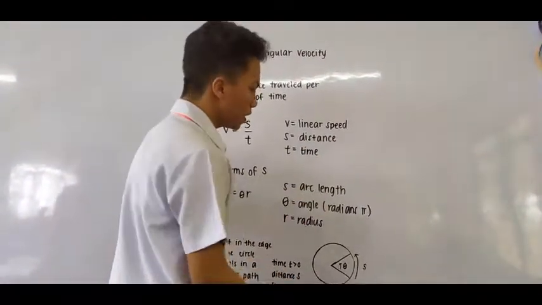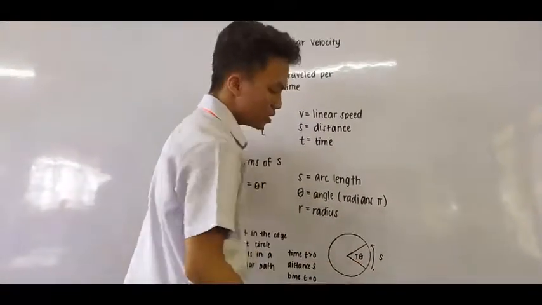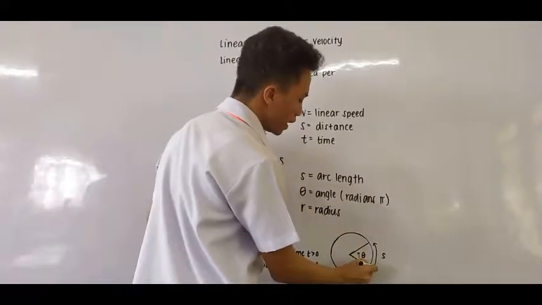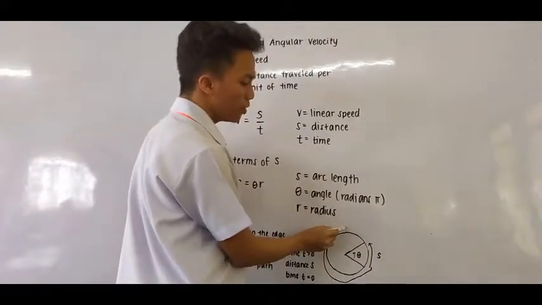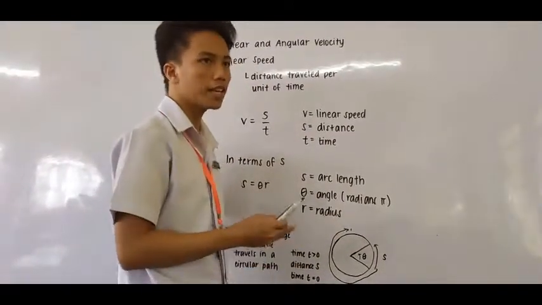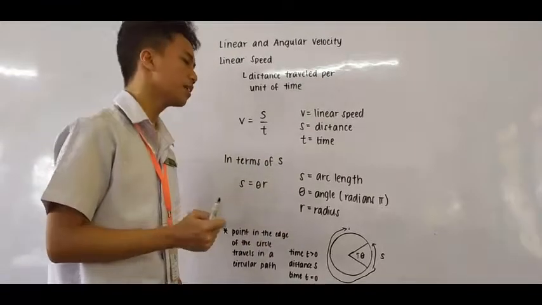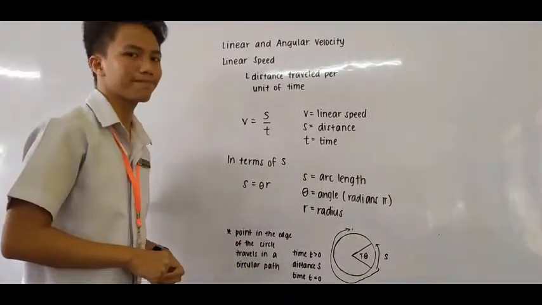What is linear speed in terms of illustrating it? For example, this is the point. If it rotates until here, we are measuring the distance traveled by that point and the time it took to get to that particular point.